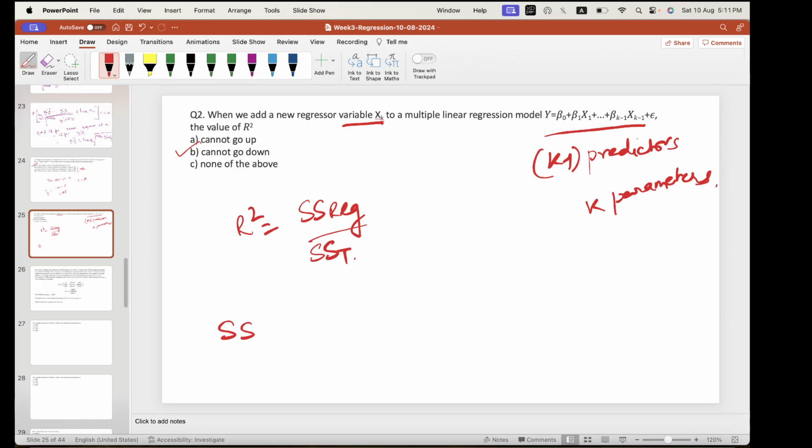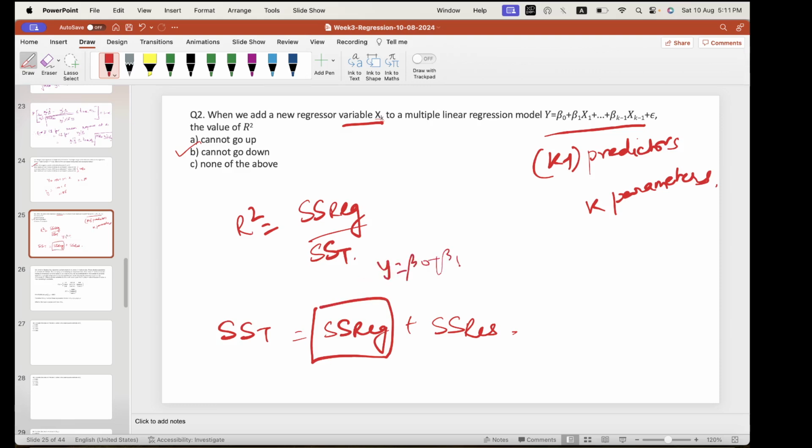Okay, so SST equal to SS regression plus SS residuals. Now this part is actually explained by your y equal to beta naught plus beta 1 x1 plus beta k minus 1 xk minus 1, and the residual is this part. So if we add more here, the residual part will become less and this will become more. So r square will automatically increase as we keep on adding variables.